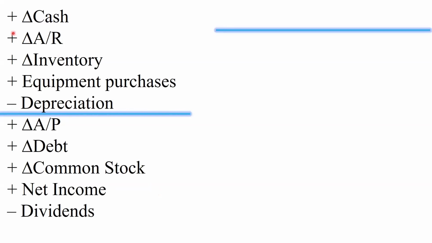So we actually want to solve for the change in cash. What is the change in cash equal to is what we want to know. So we're going to move the equals all the way up here. And the only thing we have to do now is subtract the change in accounts receivable, subtract the change in inventory, subtract equipment purchases, and add depreciation to each side of the equation.